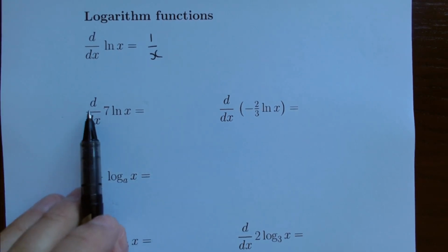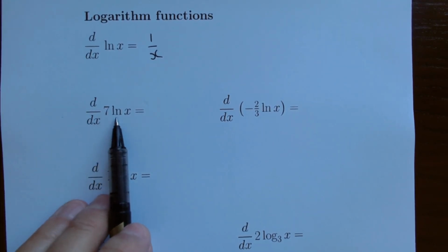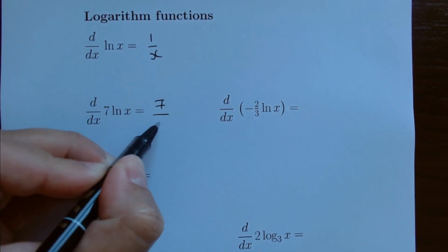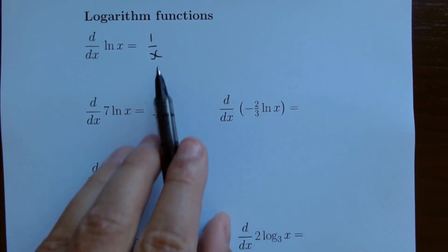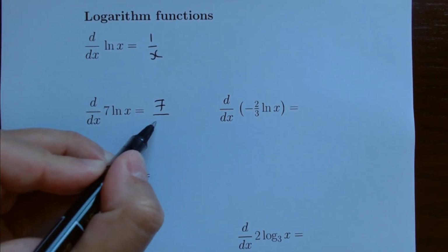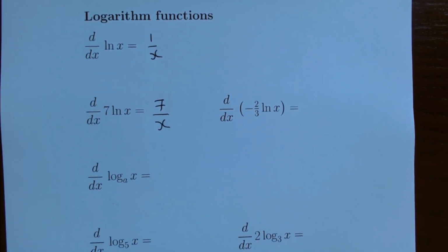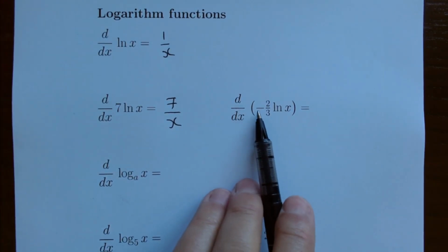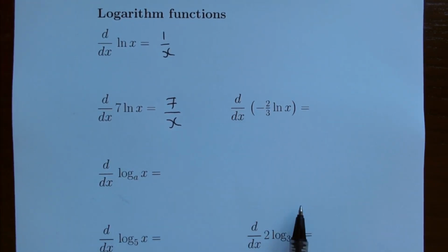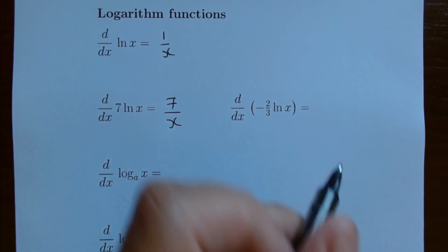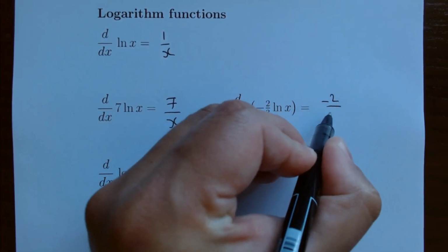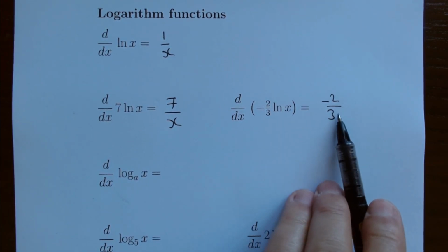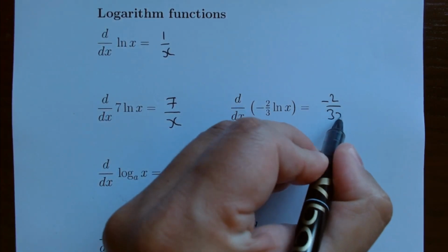So when you want to differentiate 7 ln x, you get 7 times 1 over x, which is just 7 over x. And if you want to differentiate minus 2/3 ln x, it will be minus 2/3 multiplied by 1 over x, which I can put in the denominator.